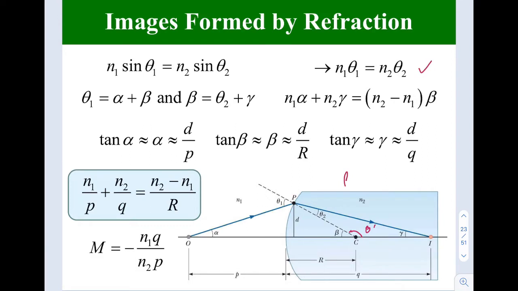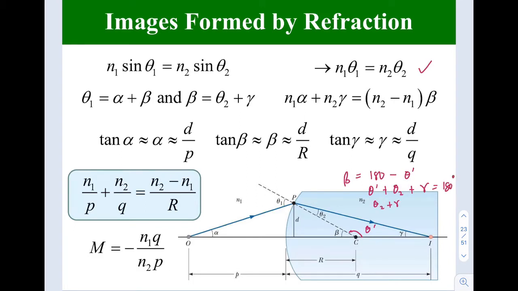And we know that beta is equal to 180 degrees minus theta prime.